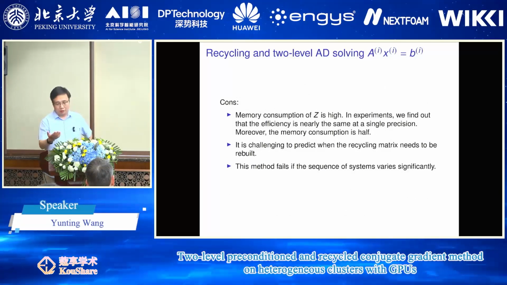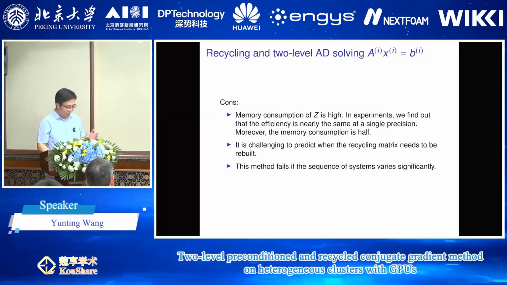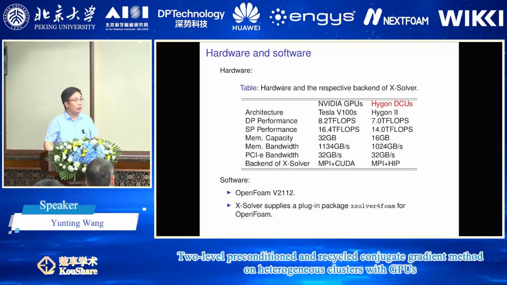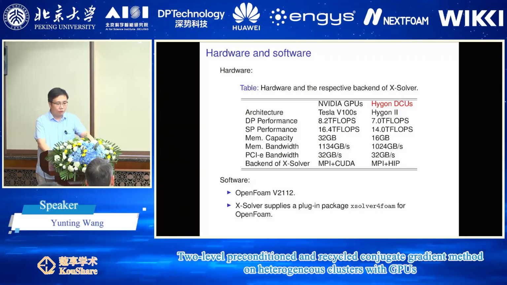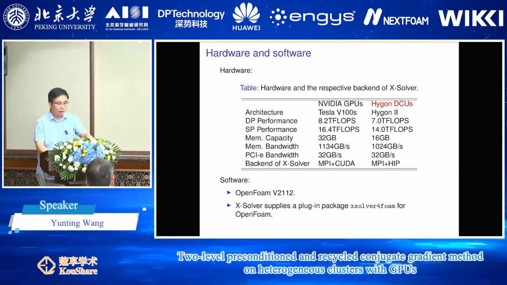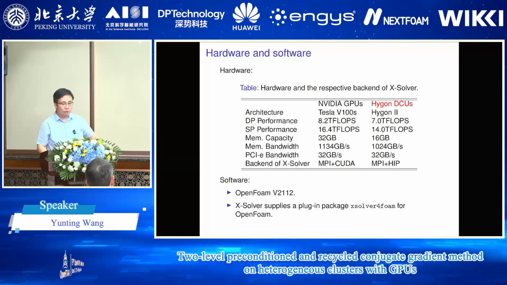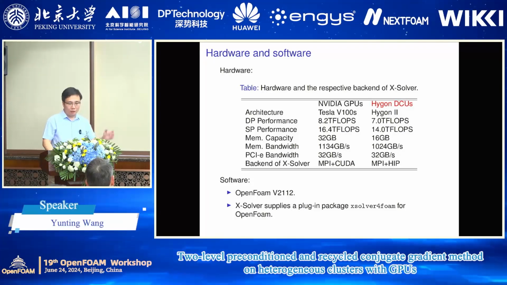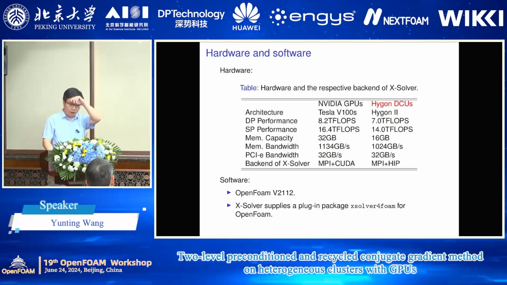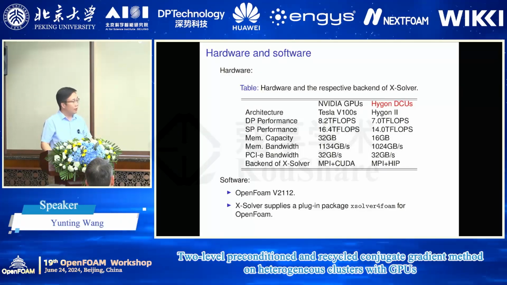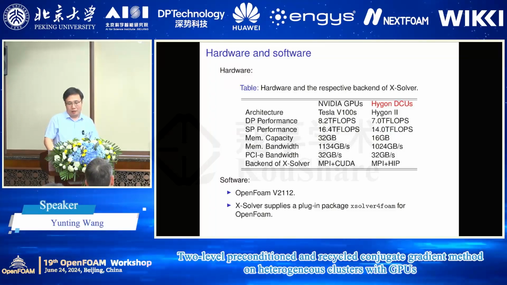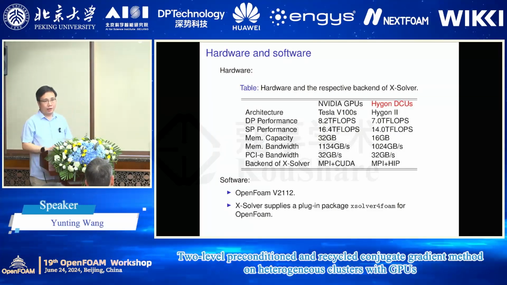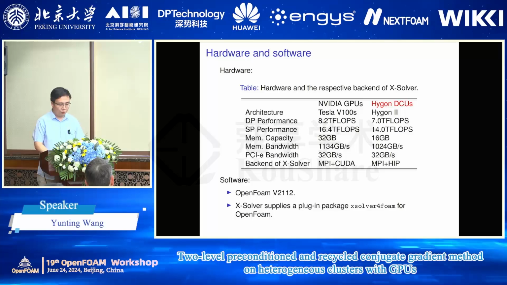Of course, I will quickly come to the experimental results. Here we have the XOver library, which can be run on two different kinds of architectures. But in this talk, we mainly report the results on the Hygon DCUs, which are AMD-like GPUs.